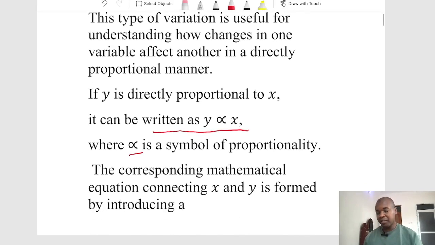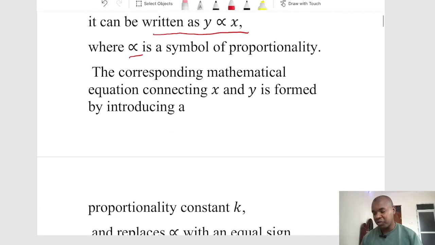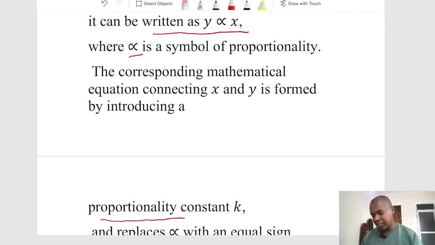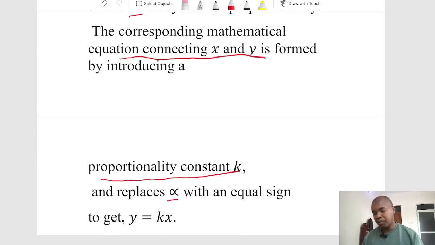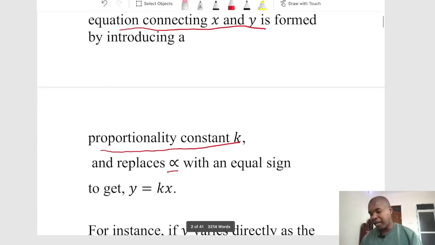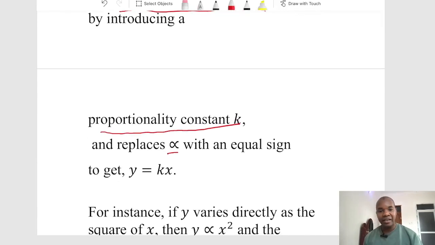The corresponding mathematical equation connecting x and y is formed by introducing a proportionality constant k, and it replaces alpha, which is a proportionality symbol, by putting constant value, constant k, and eventually now the equation will be y equals kx.